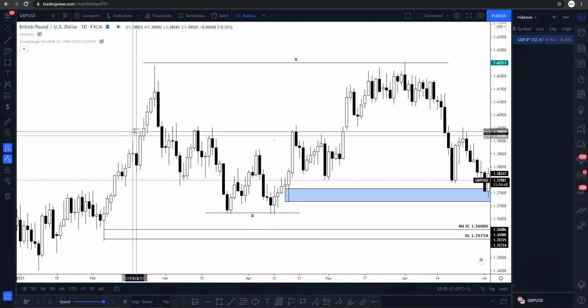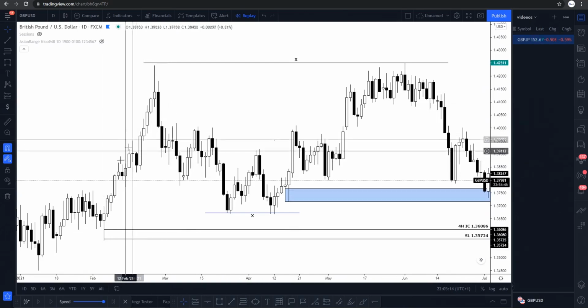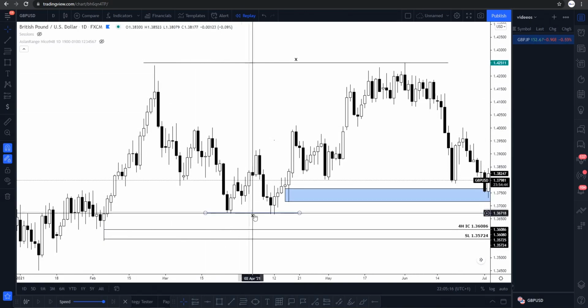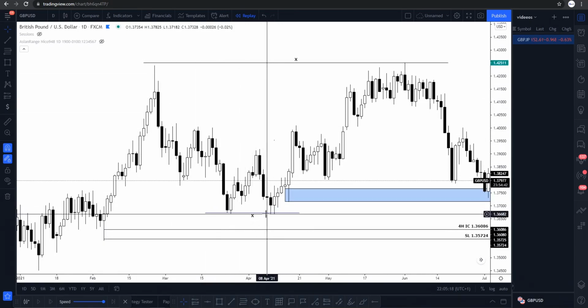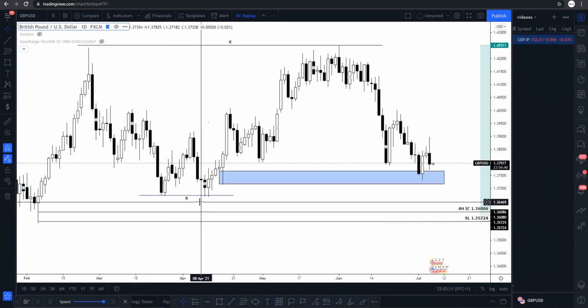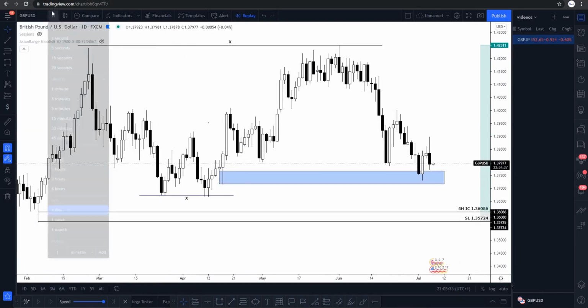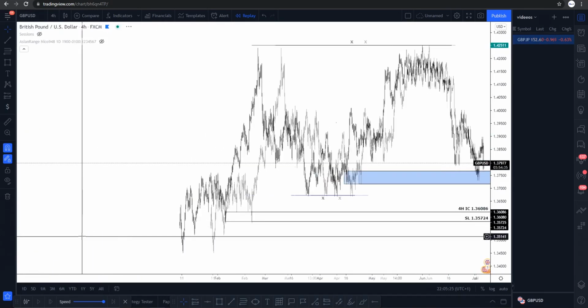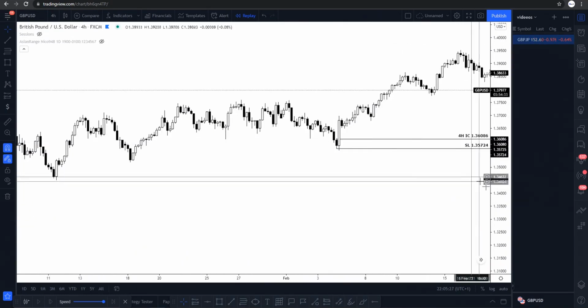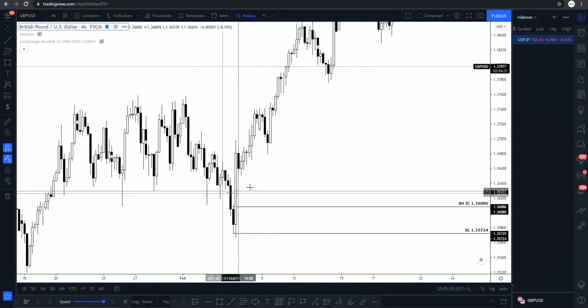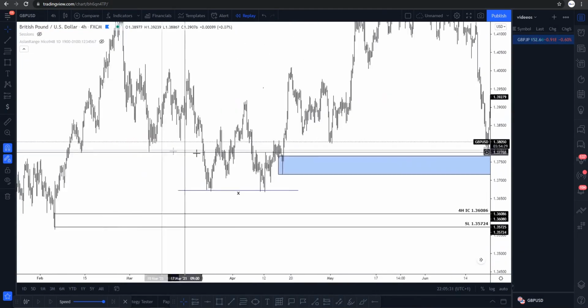So from here to here, this is where there was a ton of buy pressure. From this point to this point, this is where there was a ton of sell pressure, right? Now what's interesting is over here we created liquidity right below our 4H POI. On the 4H, it's so clean. We see that IC candle that swept liquidity over here, and then we see that major move towards the upside.